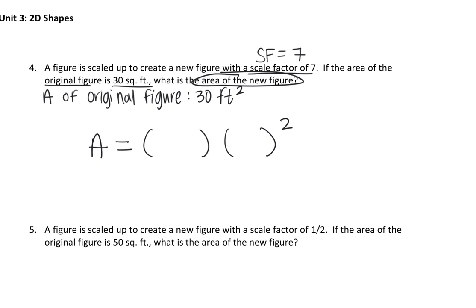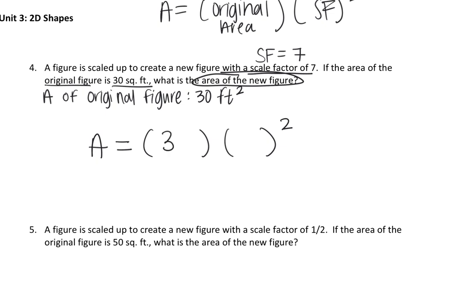All right, so at the top, I'm just going to write the formula so we can look at it and reference back. Scale factor goes second, and it's squared. All right, so in my first set of parentheses, I'm going to put the original figure area, which is 30 feet. So 30 goes first. 7 is my scale factor, so it goes in the second set of parentheses.